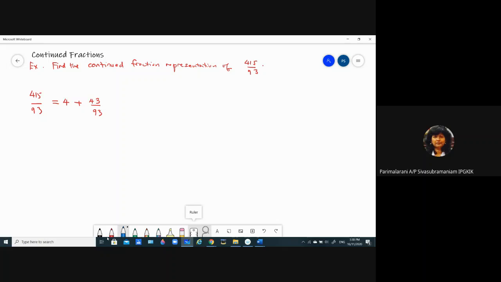If you divide and get the decimal value for 415 over 93, this value is 4.4624. So if you write it out in fraction, this is the quotient when you divide 415 by 93, and this is the remainder, 43 over 93.